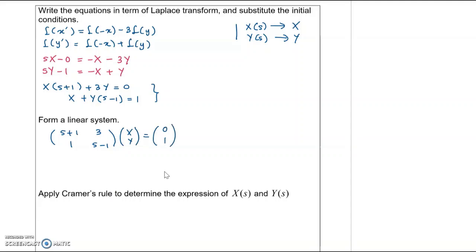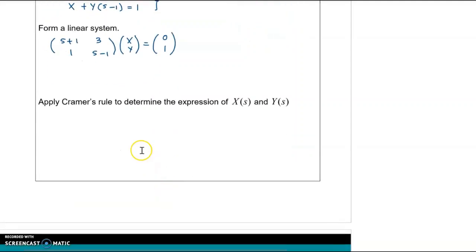Now we are going to apply Cramer's rule to write our x and y.